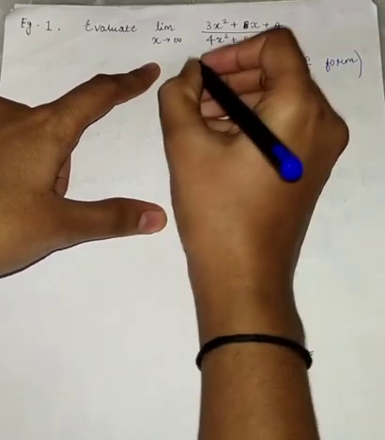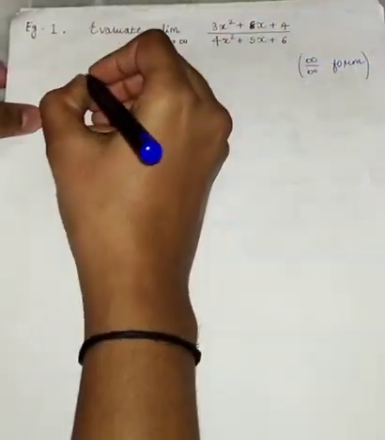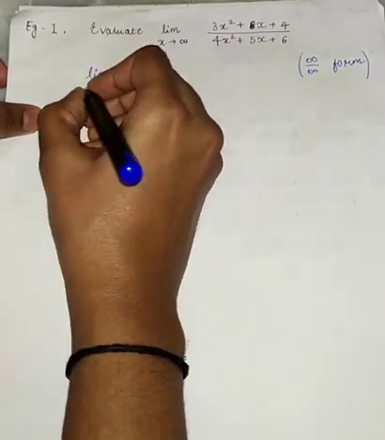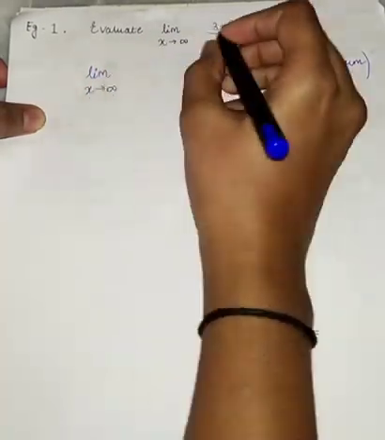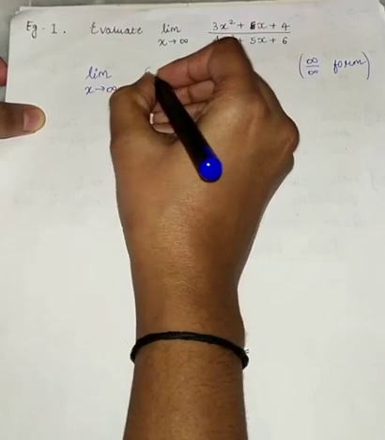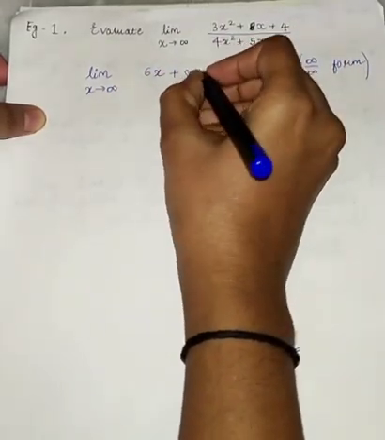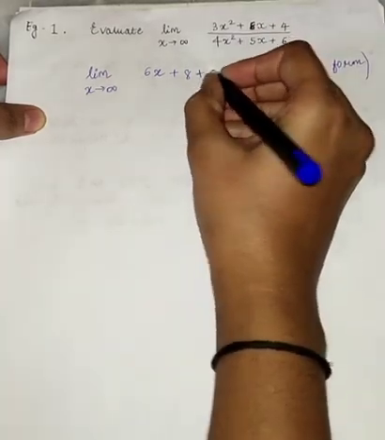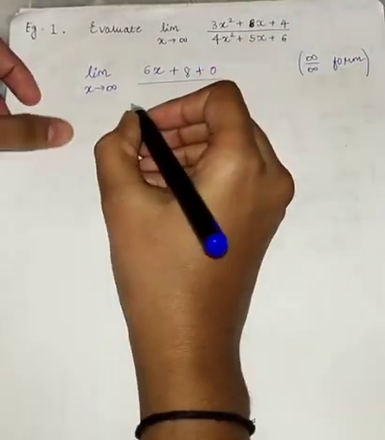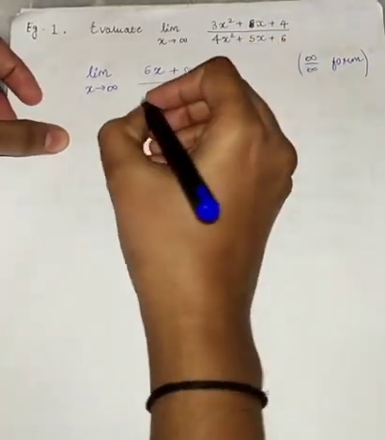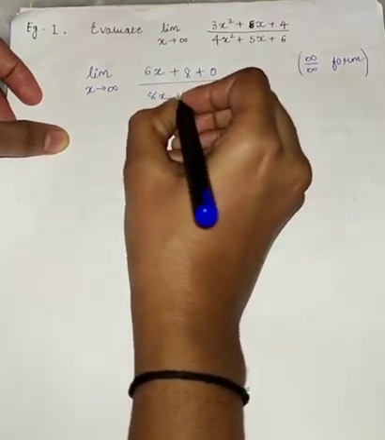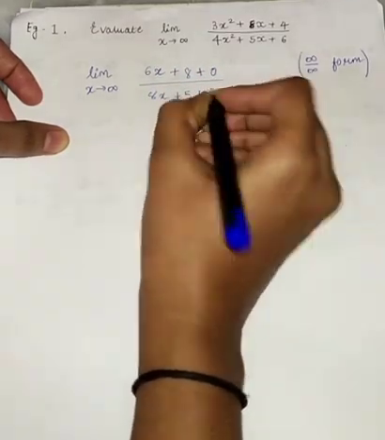So we further differentiate this equation. So we get differentiation of 3x square is 6x, plus 8x is 8, and differentiation of 4 is 0. Similarly, in the denominator we get 8x plus 5 plus 0.